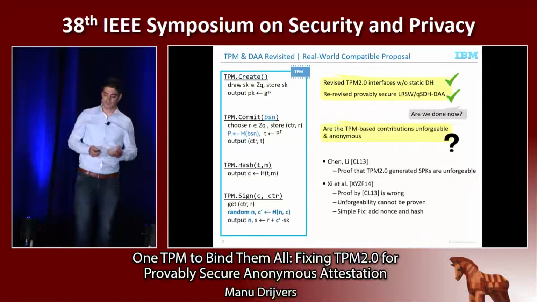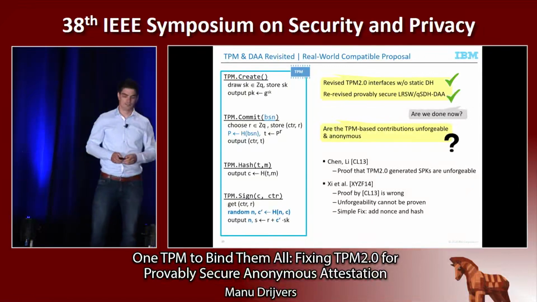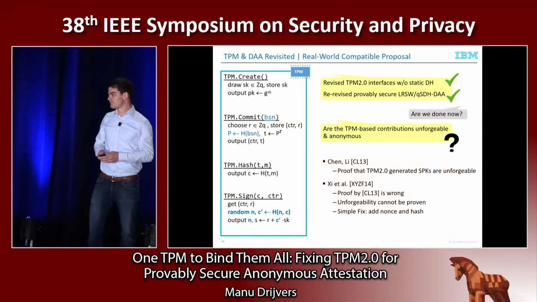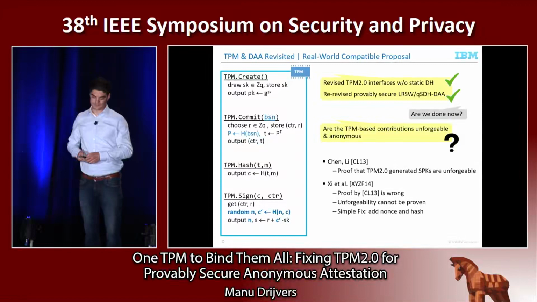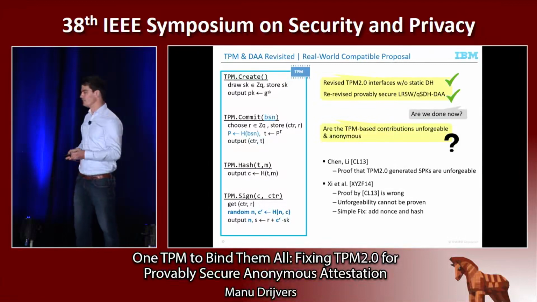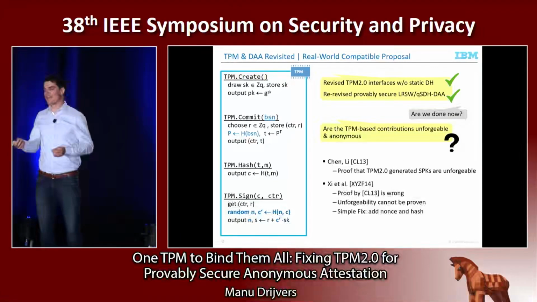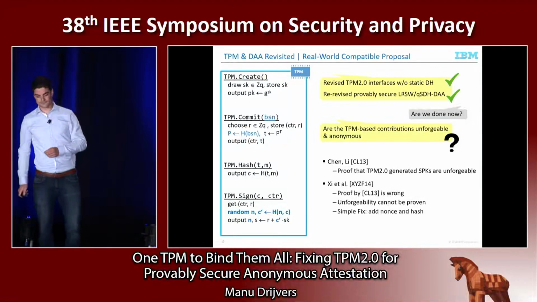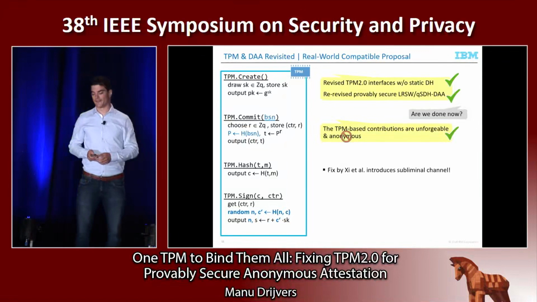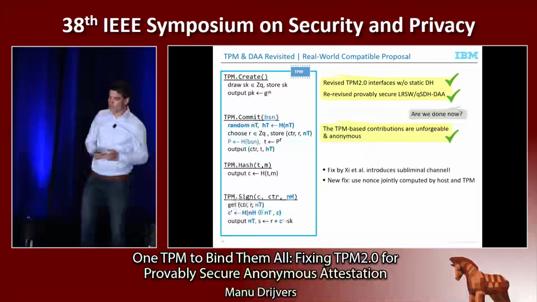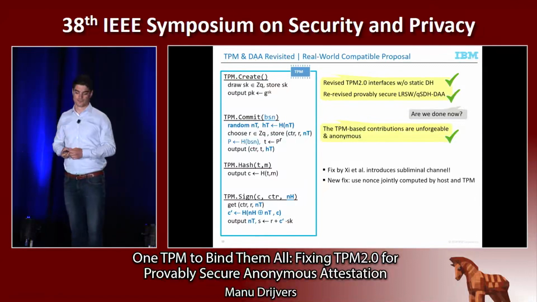There is a proposed solution by adding a nonce, which would fix our problems again. But now we weaken our anonymity. Before, we did not rely on the TPM for anonymity, and now we actually do. So we have the enforceability that we wanted, but now the anonymity went down. Okay, so we were thinking about this again, and the solution could be to have a jointly random nonce that you compute.